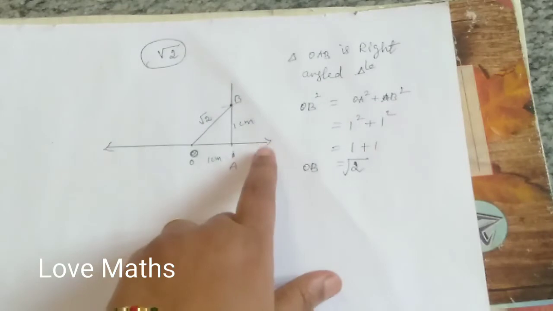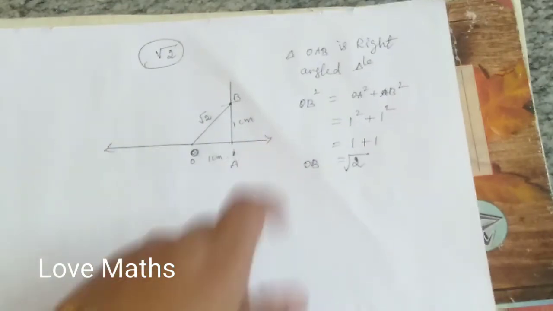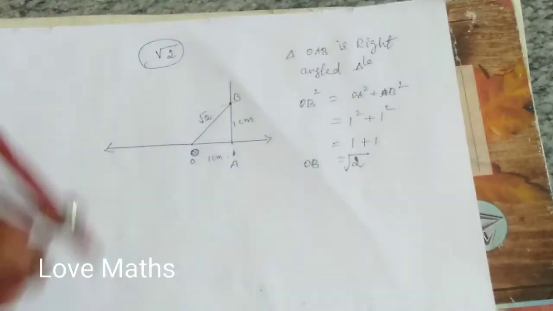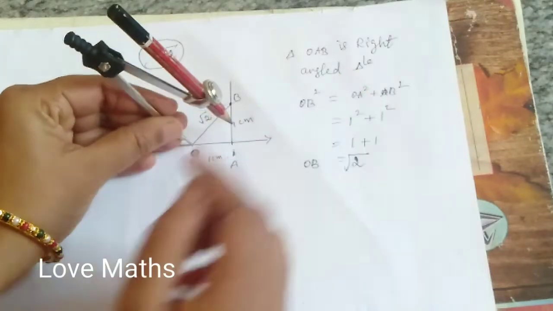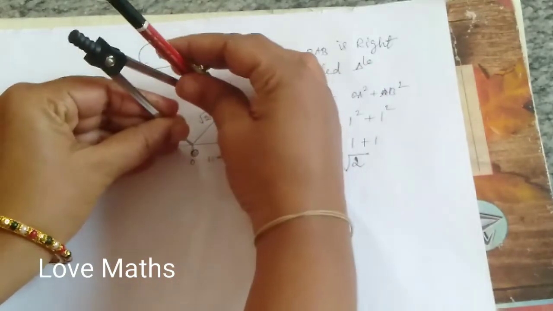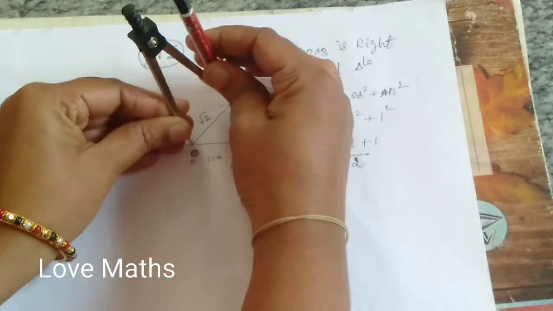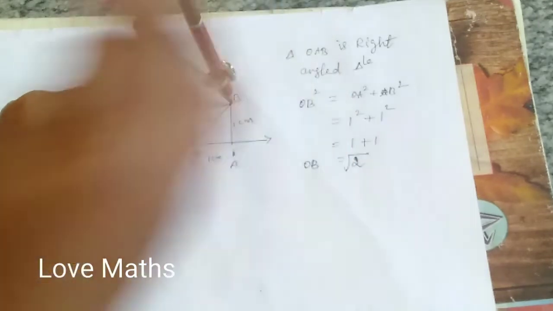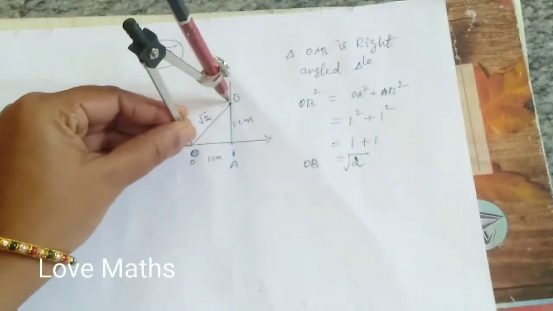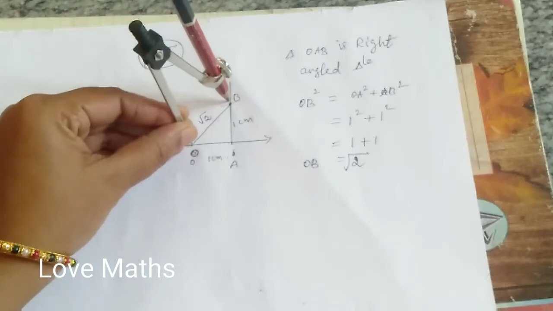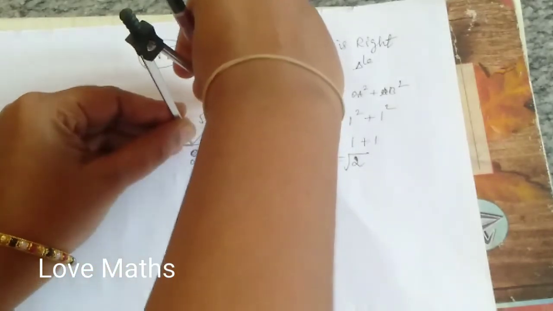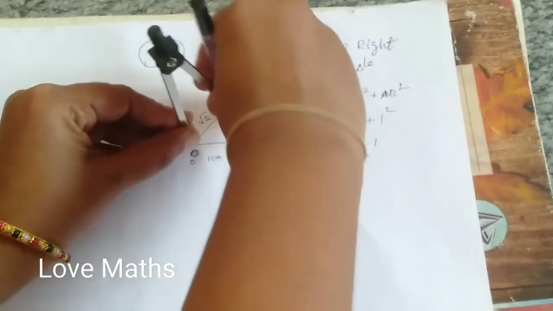But I want to locate root 2 on the number line. So what you have to do is take O as the center and take OB as the measurement, the root 2 measurement, and from here cut one arc.